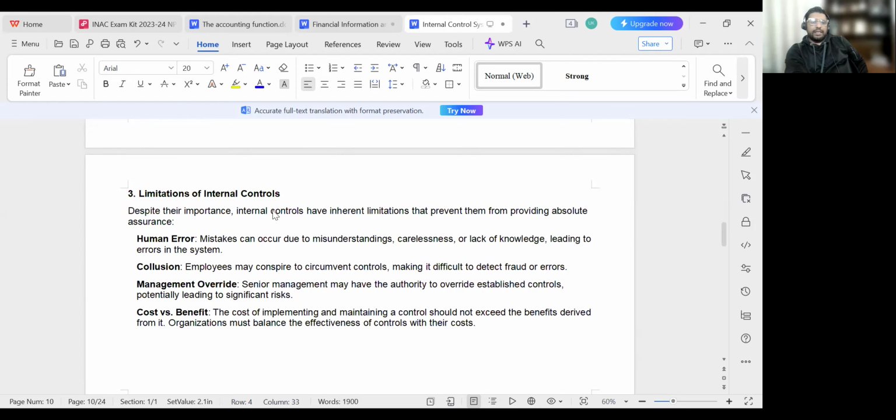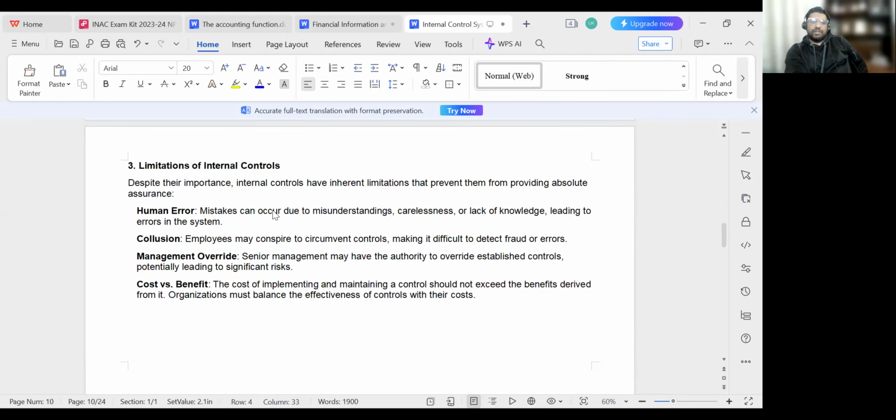And then, obviously, the internal control system has its own limitations as well, like human error and collusion. Sometimes you think that you have segregated the duties of two employees and made two employees responsible for something, right? And now they collude with each other.